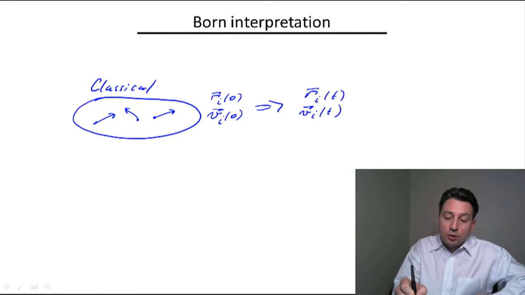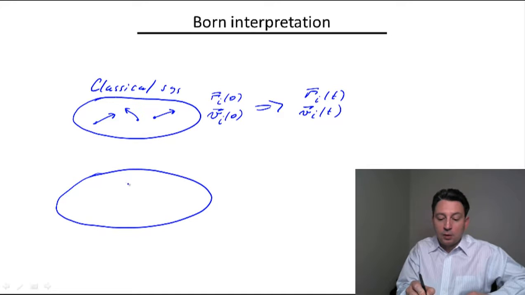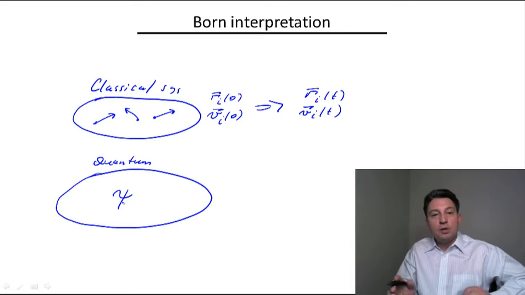Now the truth about quantum systems. If you have a quantum system with some wave function psi, even if we know everything possible about this quantum system, that is, if we know psi and all the forces, everything about the system, we still cannot possibly predict with certainty the outcomes of well-posed experiments.